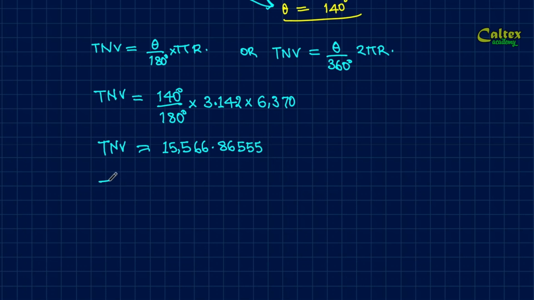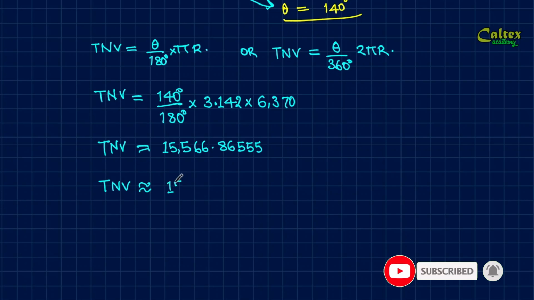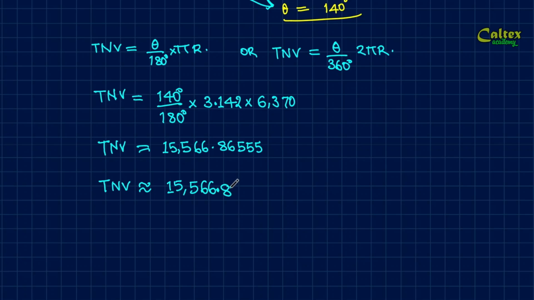So we can approximate this to two decimal places, and we have TNV is approximately 15,566.87, also in kilometers. So this becomes the solution for part B of our question.